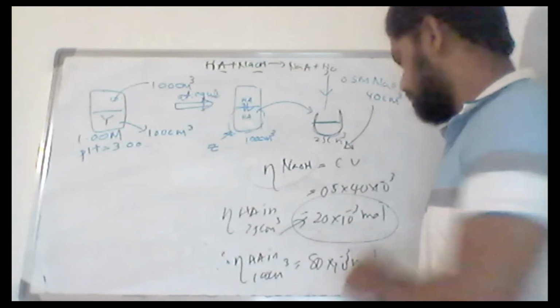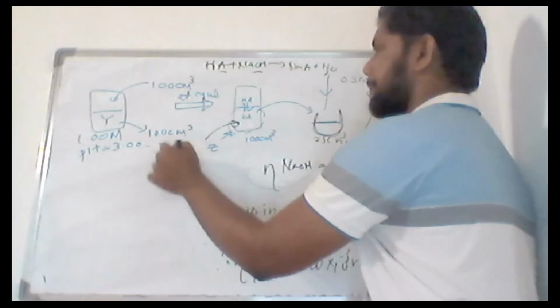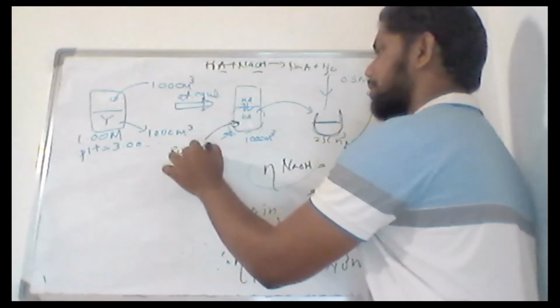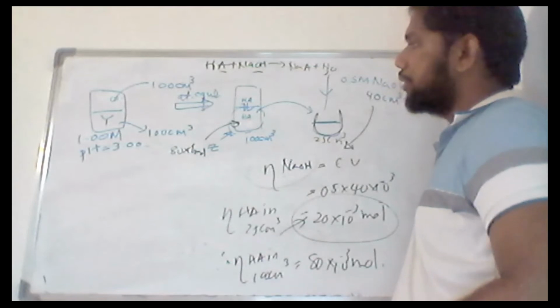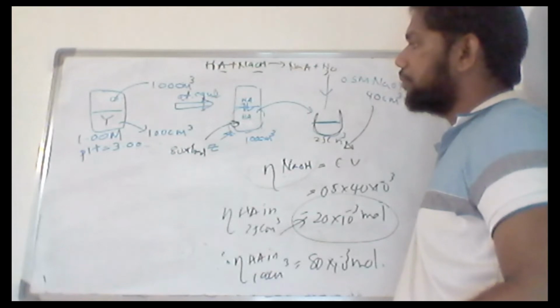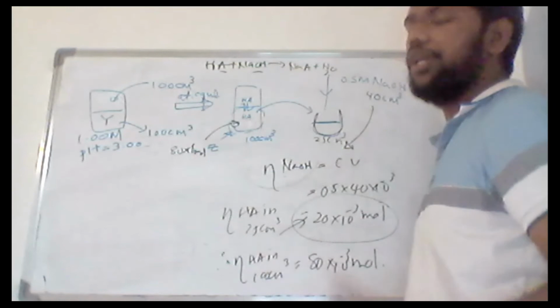So this is the amount that is going to be present here, 80 into 10 to the power minus 3 moles. So this is straightforward.